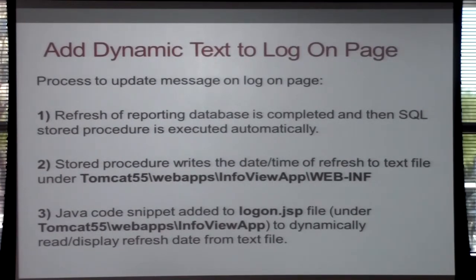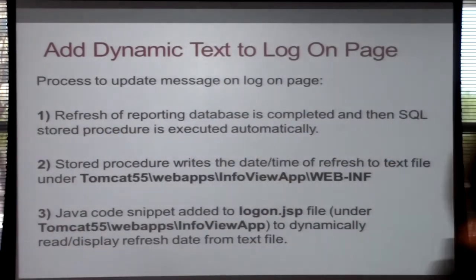Here's the process. There's essentially 3 steps. So our ETL process, that procedure which updates our reporting database from the production system, that's updated daily. After the completion of that process, it knows to automatically kick off a SQL stored procedure. I'm going to show you what that looks like. But that SQL stored procedure, here in step 2, creates a text file on business objects.